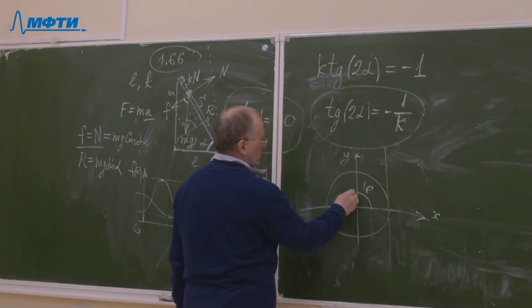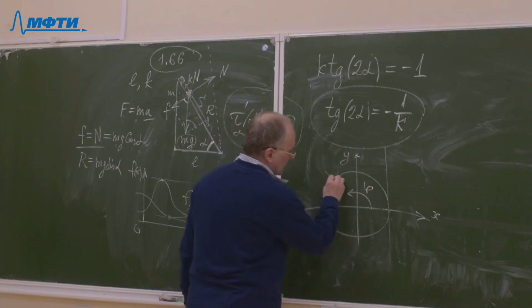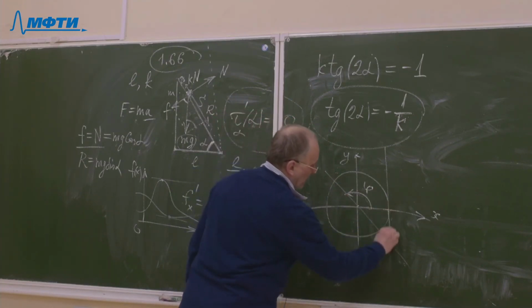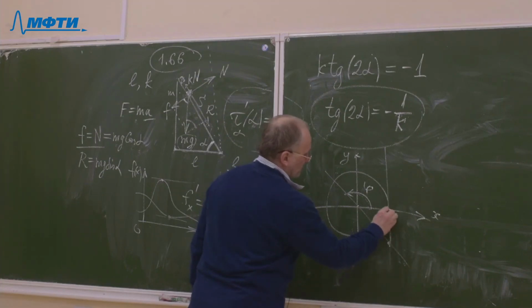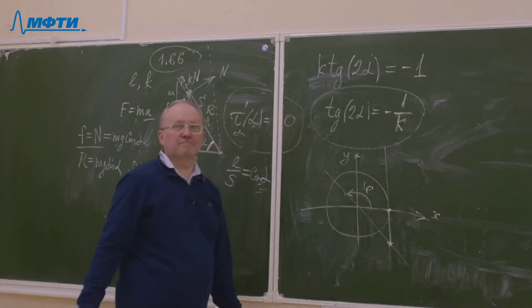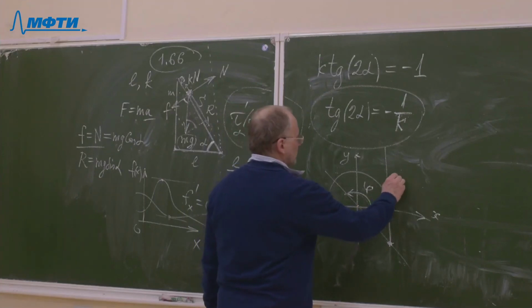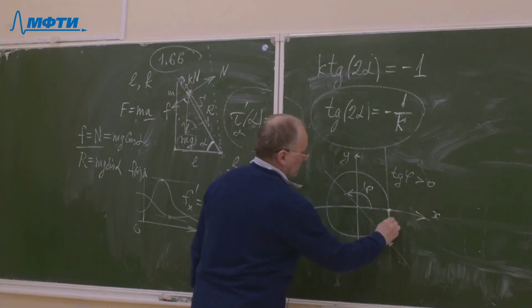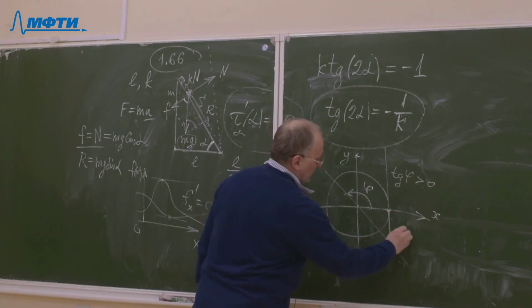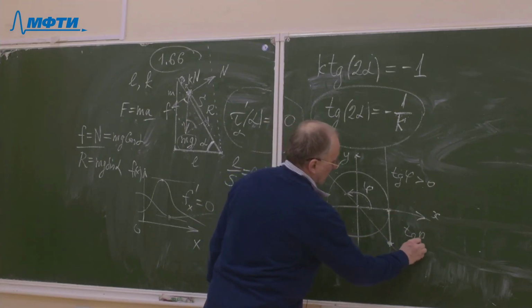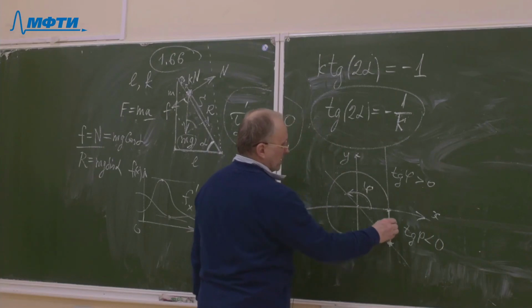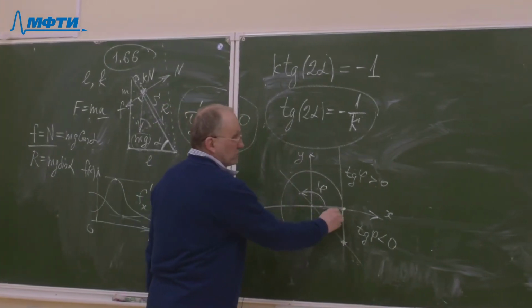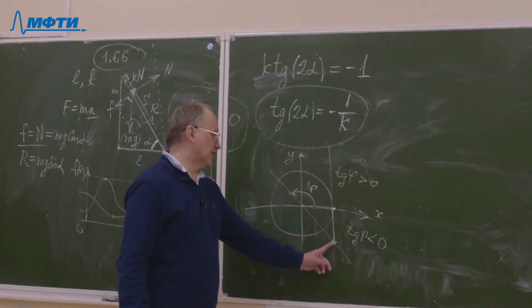If we have some arbitrary angle phi, then tangent of this angle will be given by this section. Positive tangents are here, and negative tangents are below the x-axis. Here tangents of phi are less than 0, and tangent equal to 0 corresponds to 0 angle. Here is 0 tangent, and here are negative tangents.